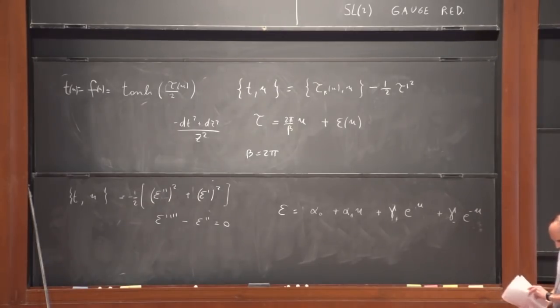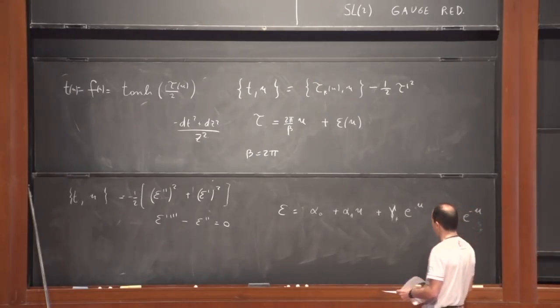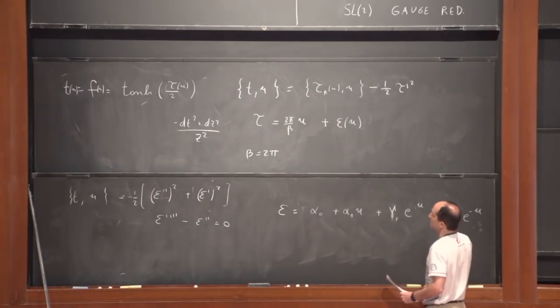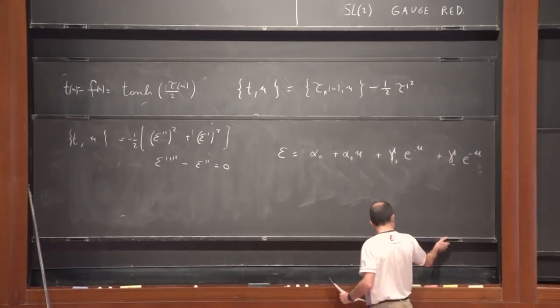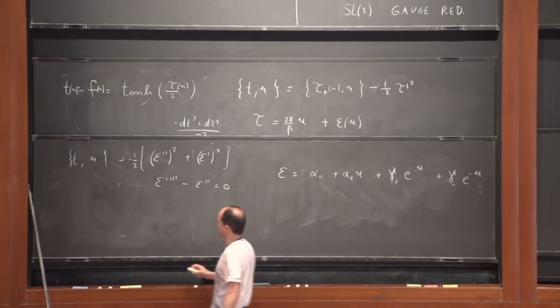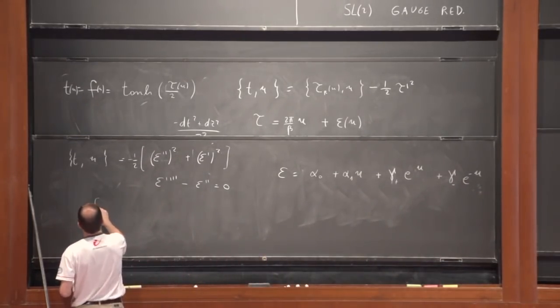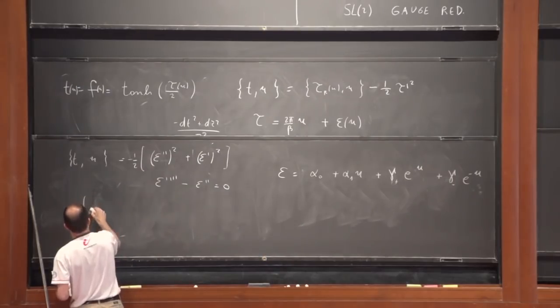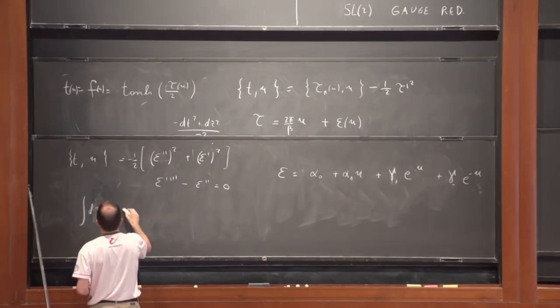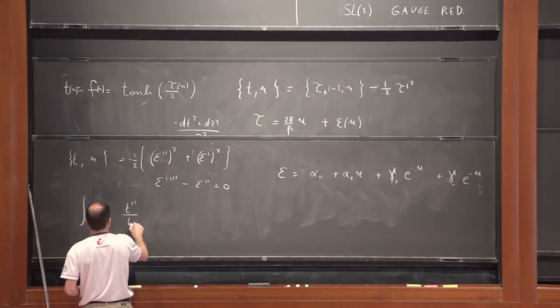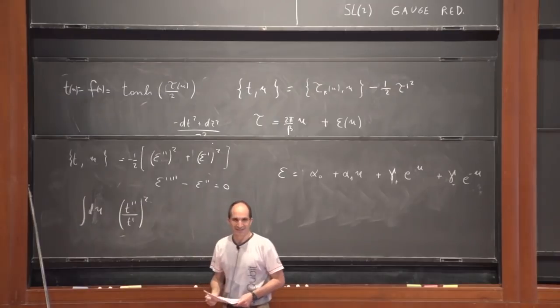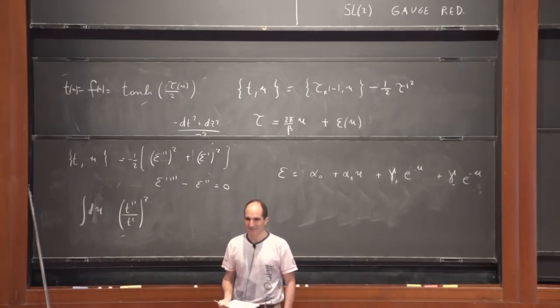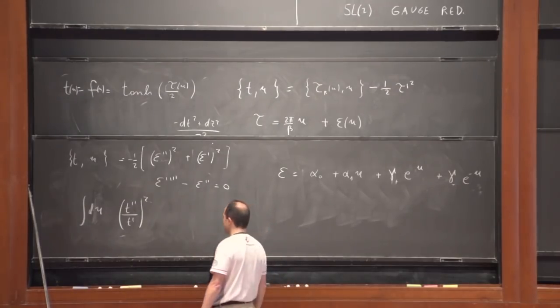Okay. So now a few words about the quantization of this theory. Now you look at this action. So let me write the action here. For example, in terms of the t variables, integral du. So up to a total derivative term, this action looks like t prime over t squared. So it looks very, very complicated, and you would think there is no way this could be quantized exactly.